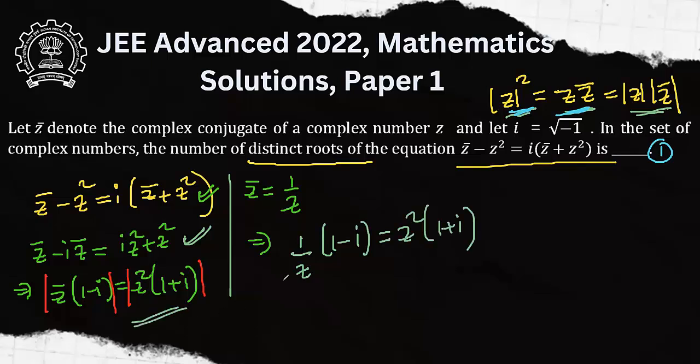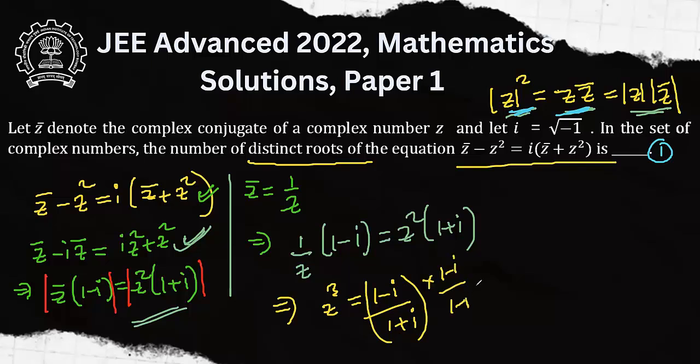From here I can say Z cube is equal to (1 minus I) upon (1 plus I). Now multiply by 1 minus I here, which becomes minus 2I upon 2, that is minus I simply. So I am left with the equation Z cube is equal to minus I.